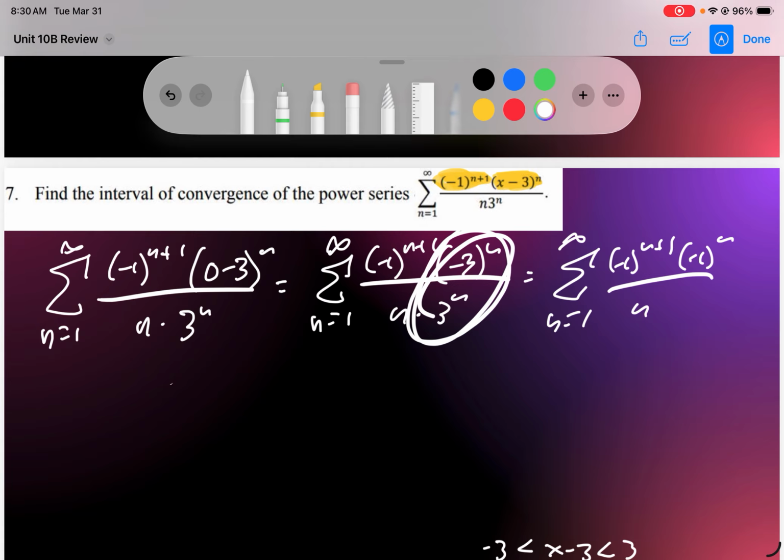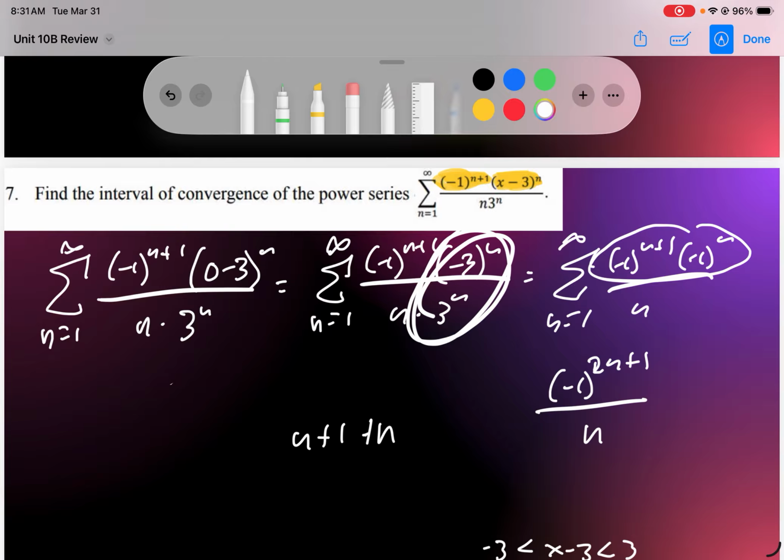Negative 1 to the power of n times negative 1 to the power of n plus 1. If I was combining these, this would be negative 1 to the, what's n plus 1 plus n? That's 2n, right? 2n plus 1 over n.